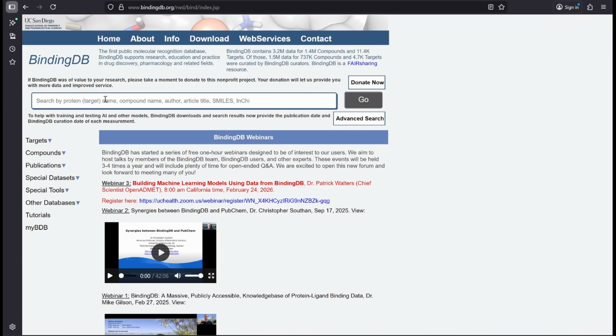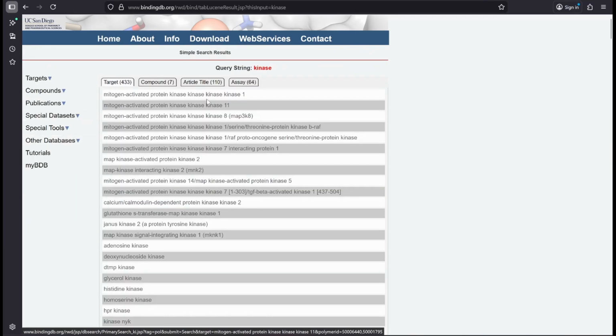So if you are working on drug development for a particular target protein, you can search the name of the target protein here. You can be more specific, but if I just search a common keyword like kinase, hopefully it will open up something. Okay, so it is opening up a lot of hits from my keyword. You will see a lot of things here.